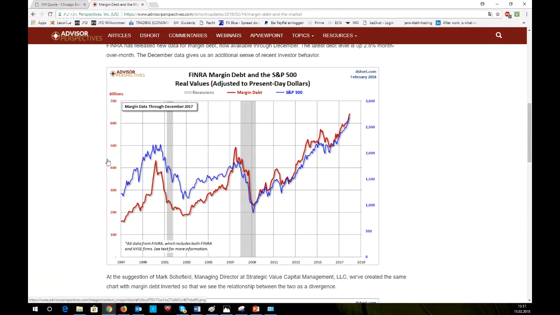And so what you can definitely see is that margin debt right now is at all-time high levels. And margin debt means nothing more than you're buying with cheap liquidity available. And if yields rise, well, liquidity gets expensive.